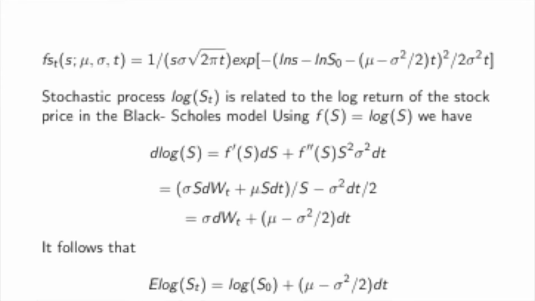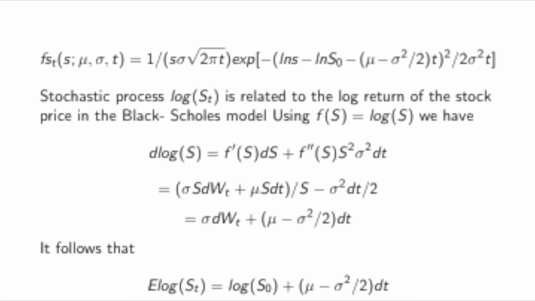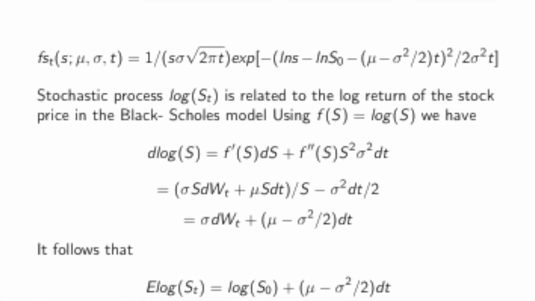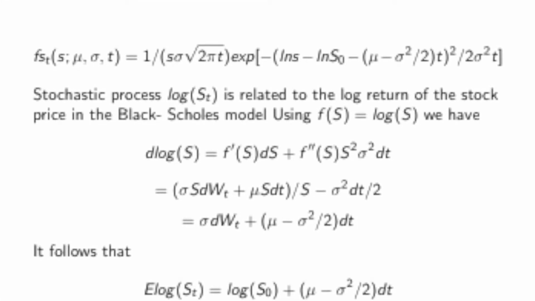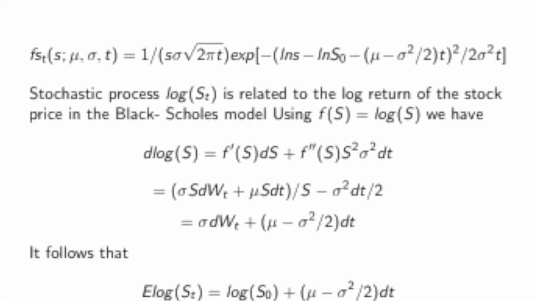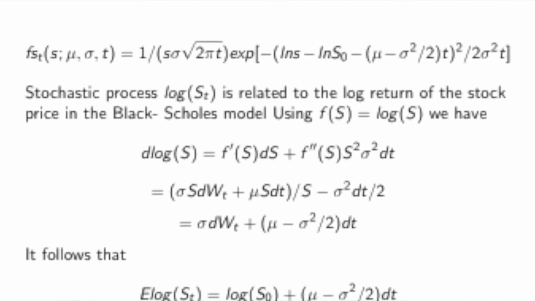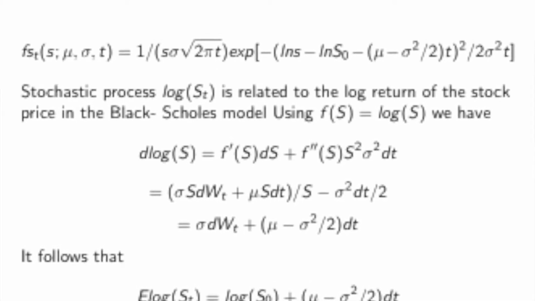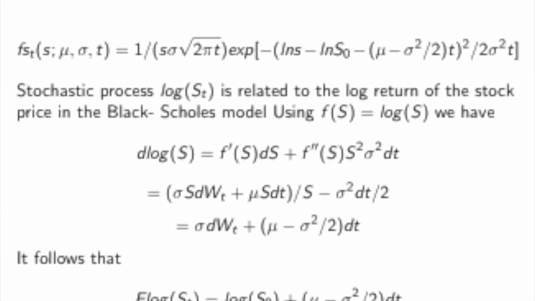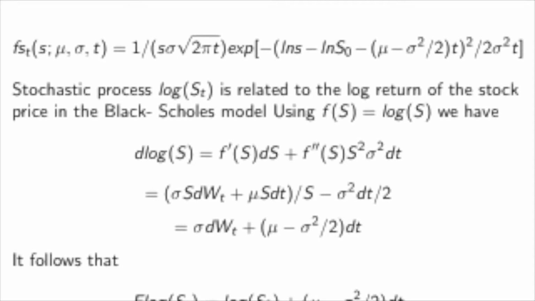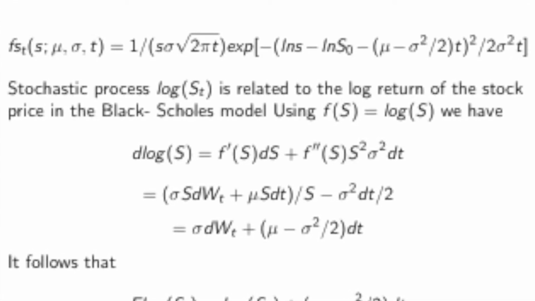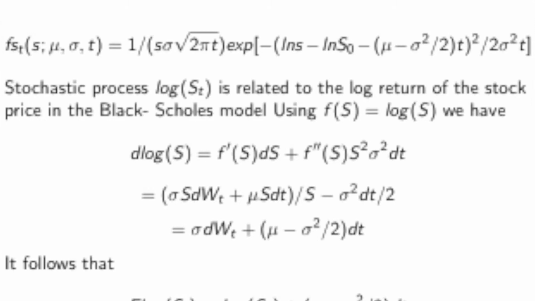The stochastic process logarithm of S is related to the log return of the stock price in the Black-Scholes model, and we will have the expected value of log of S equal to log of S0 plus mu minus sigma squared over 2 times t.